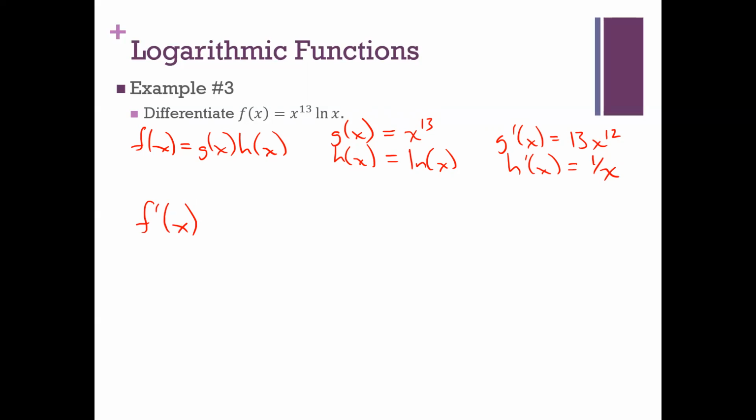The first term is going to be 13x to the 12th times the natural log of x. And what's the rest going to be? Plus 1 over x times x to the 13th. Which is what? x to the 12th. Yeah, plus x to the 12th.